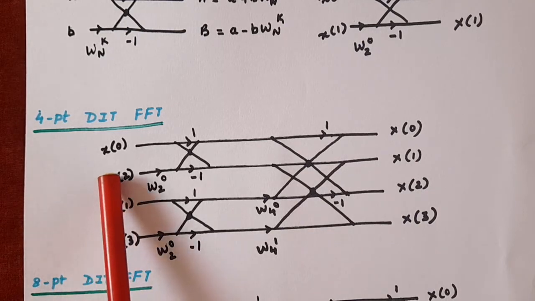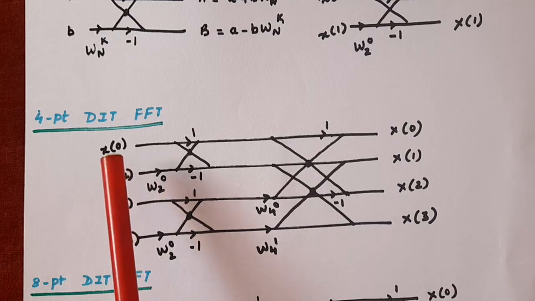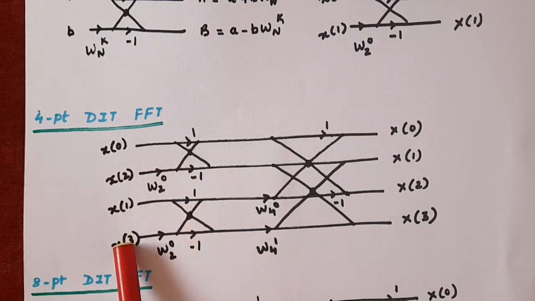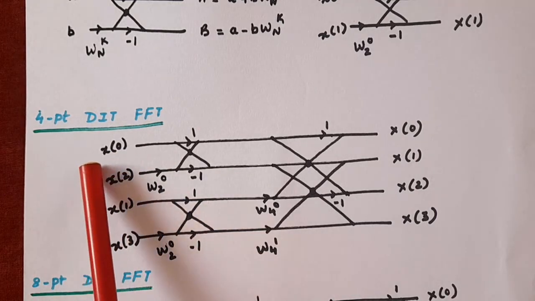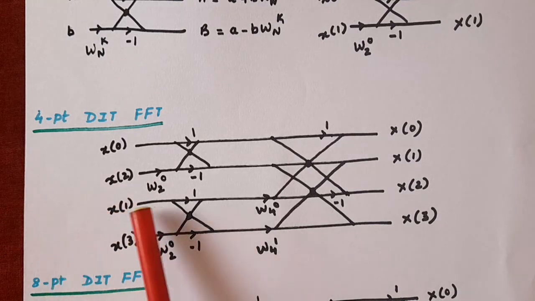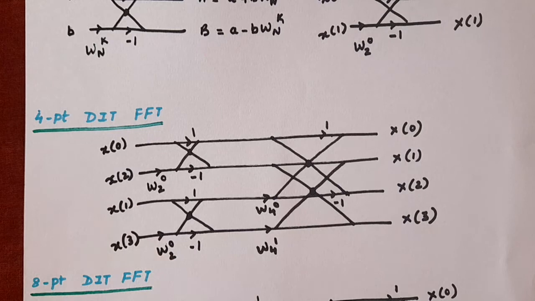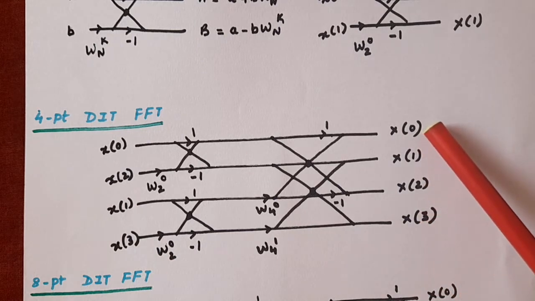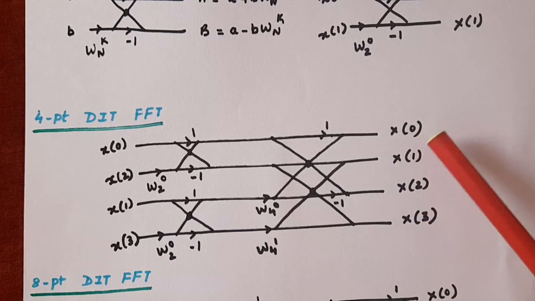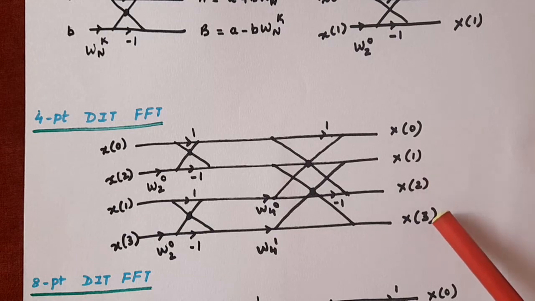So we got the values as x of 0, 2, 1, 3. So it is x of 0, x of 2, x of 1, x of 3. First two are even and second two are odd. And output is in natural order. So 4-point means X of 0, X of 1, X of 2, X of 3.